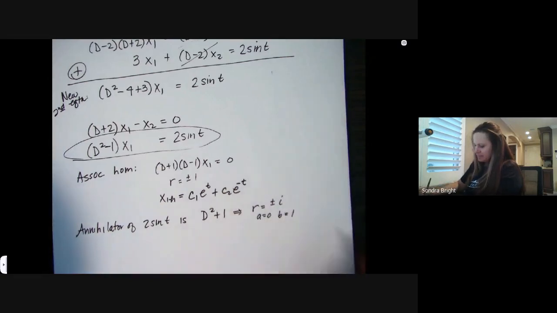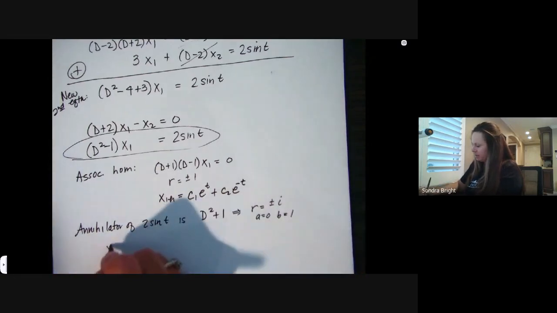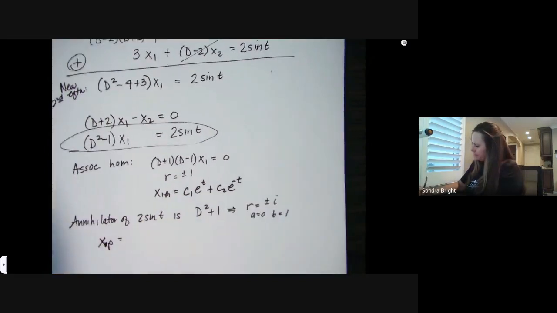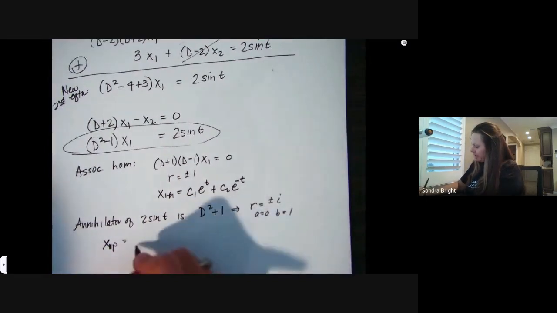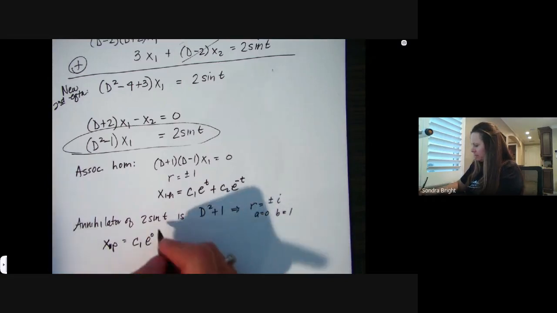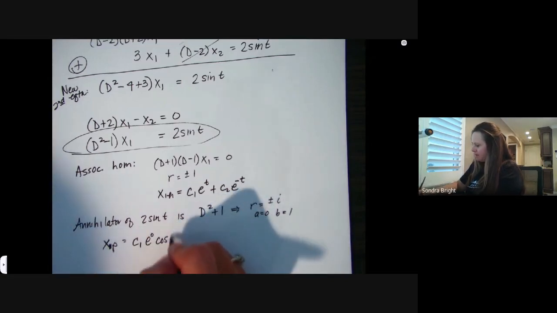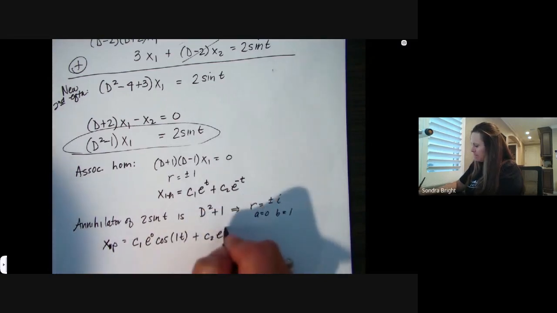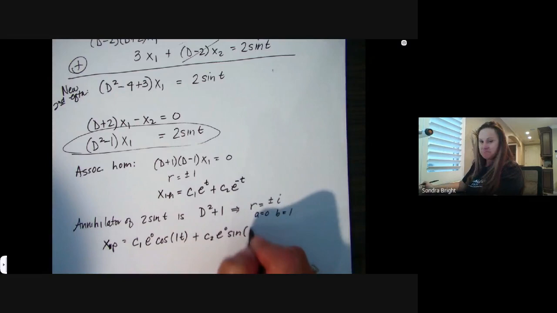So that means that your particular for x1's particular would be c1 e to the 0 cosine of 1 times t, and then plus c2 e to the 0 sine of 1 times t.